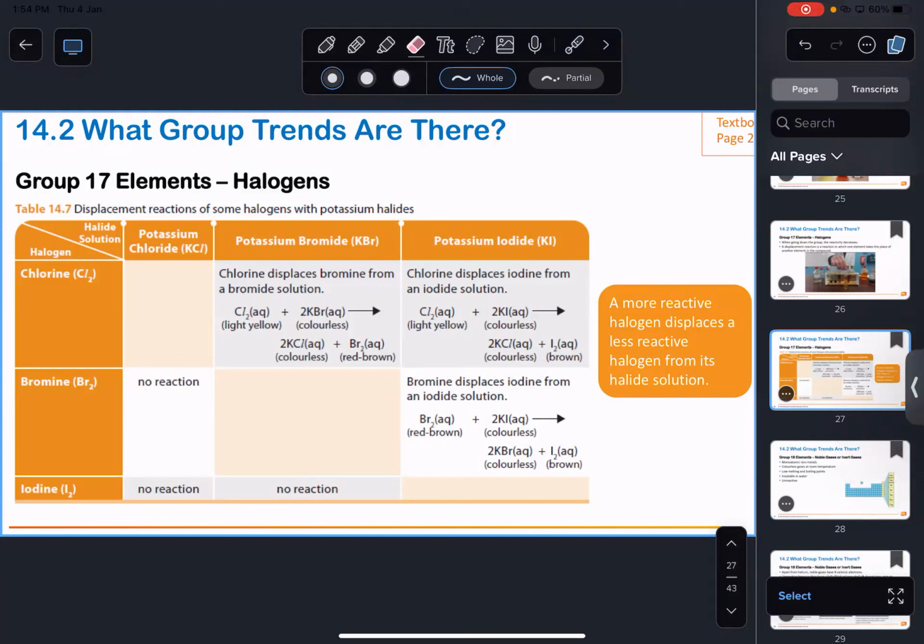For potassium bromide plus chlorine, remember, chlorine or bromine, which is more reactive? Chlorine is more reactive, because reactivity decreases down the group. Chlorine is higher in the group than bromine. So chlorine is able to displace bromine from its solution or its salt. Salt solution, right? Why is KBr soluble?